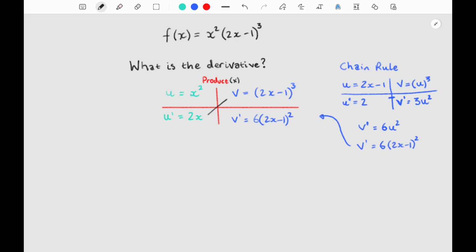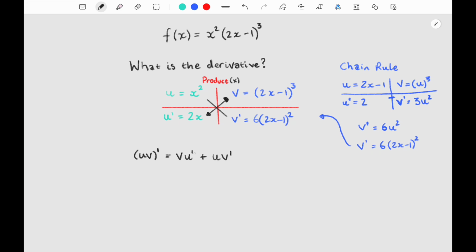So if you draw the times there, like a times sign, these are the multiplications we're going to have to perform. Now this obviously comes from a formula. The formula itself is very simple. If we're multiplying two functions u and v and then we want to find the derivative of them, then we are going to take v and multiply it by the derivative of u and add that to u multiplied by the derivative of v.